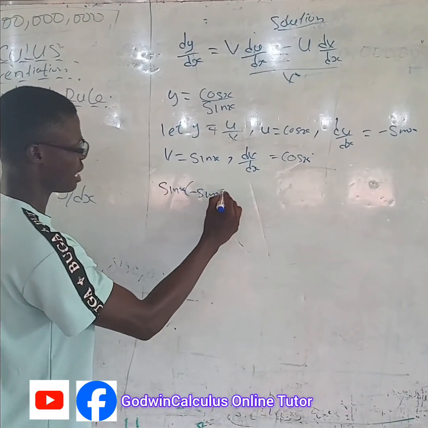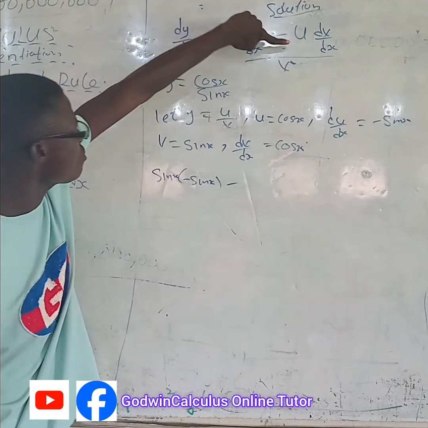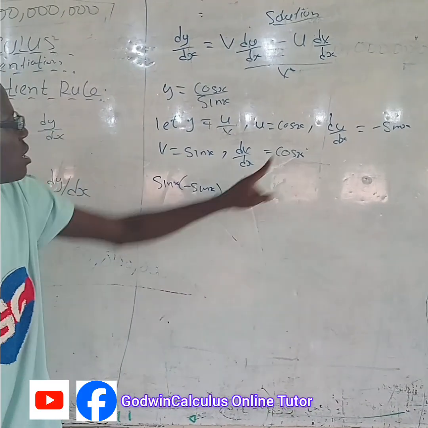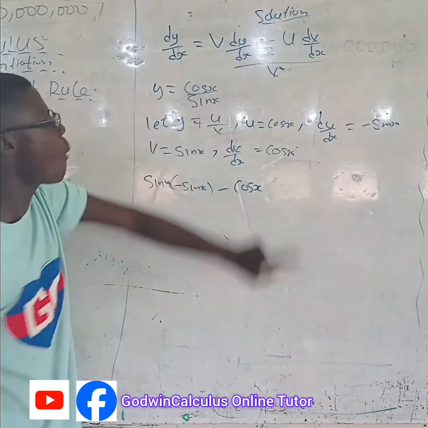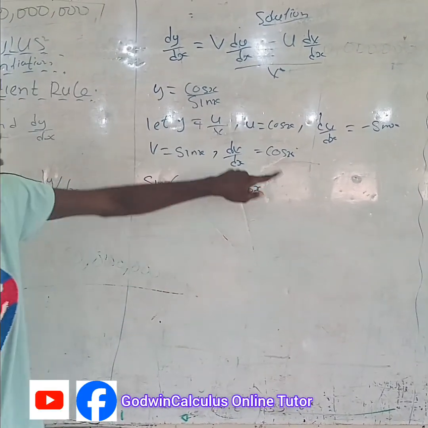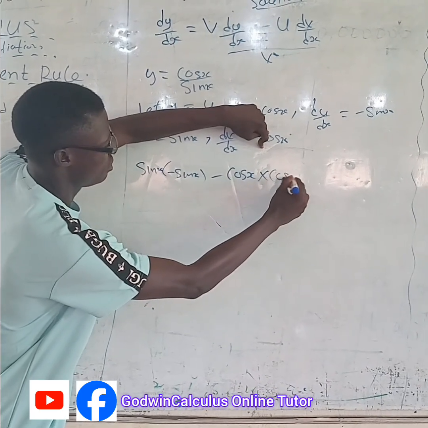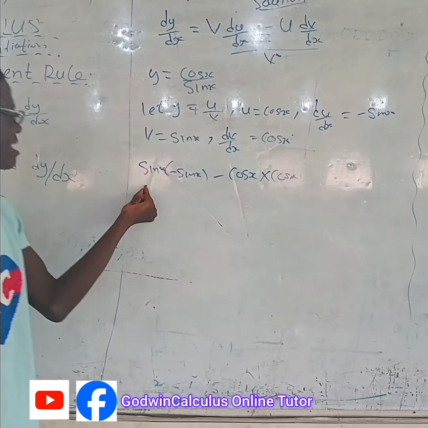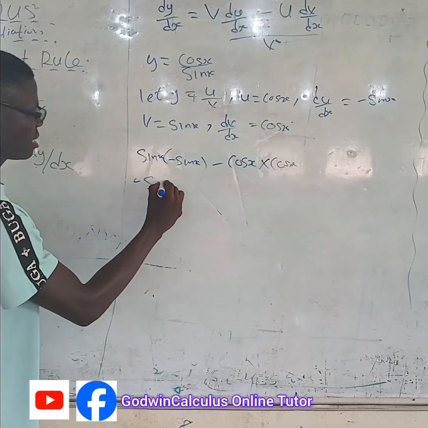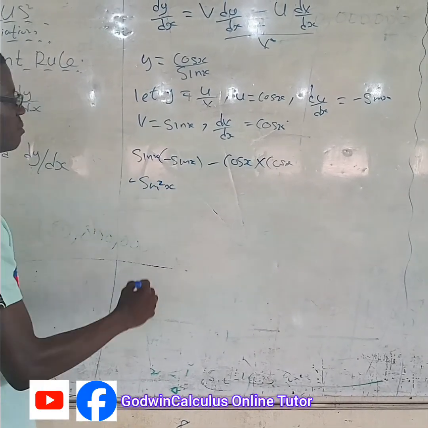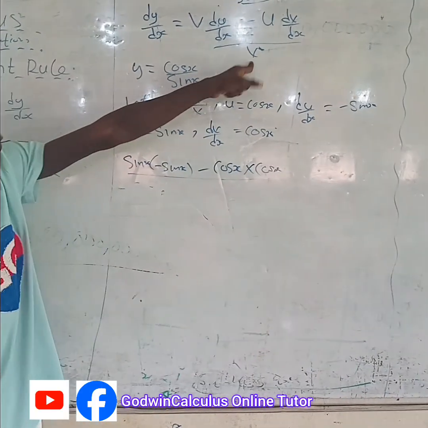Minus, now our u is cos x, while our dv/dx is cos x, times cos x. Now, sin x times minus sin x will give us minus sin squared x. Now, all over, don't forget that we are having v squared here.